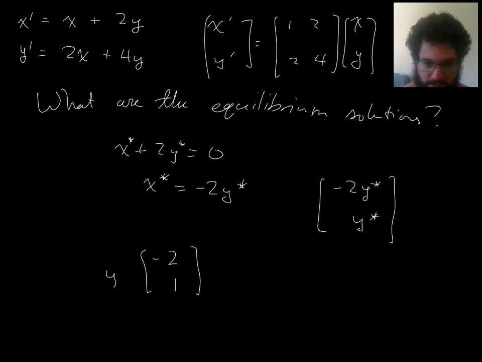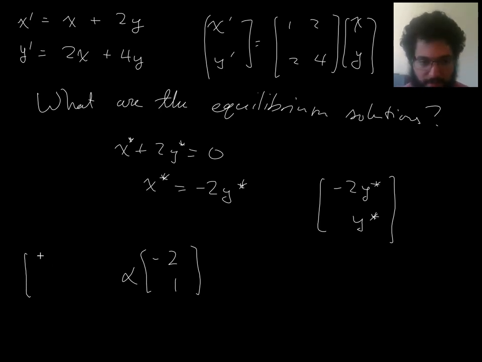Y star times this vector. And instead of calling the free parameter y star, how about I call it alpha, something that sounds like a scalar coefficient. Then, for different values of alpha, this is what all the critical points look like. There's an infinite family of them, right? You can choose any alpha you want here. There's a whole line of critical points.